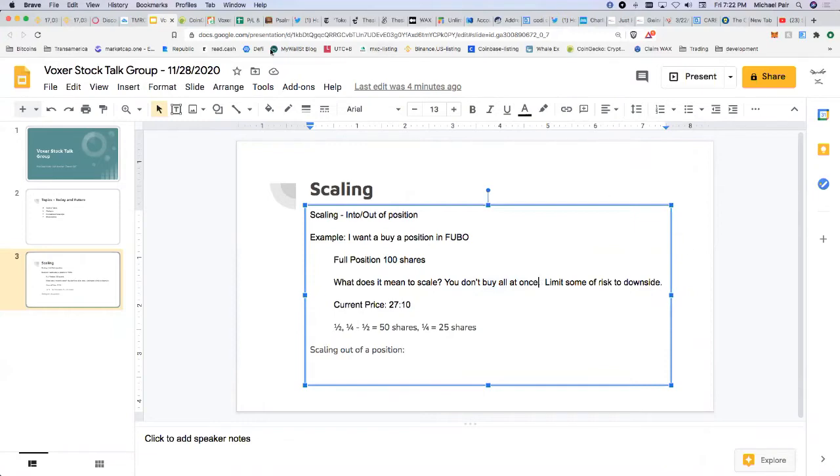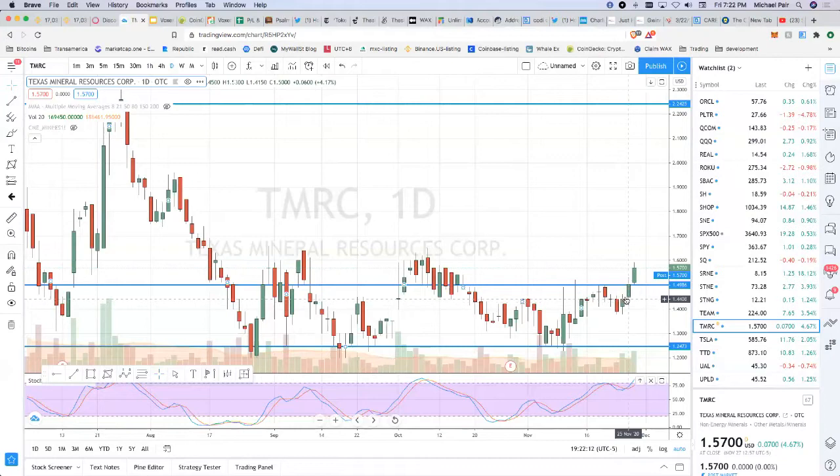I sold at the 150, say right here. What if this thing came back down to the 140? Since I have this trailing stop in, I'm going to be higher than my 150. So I know I'm at least going to make 154 right now.